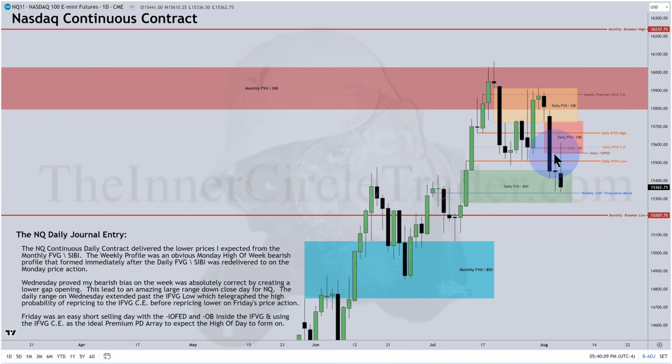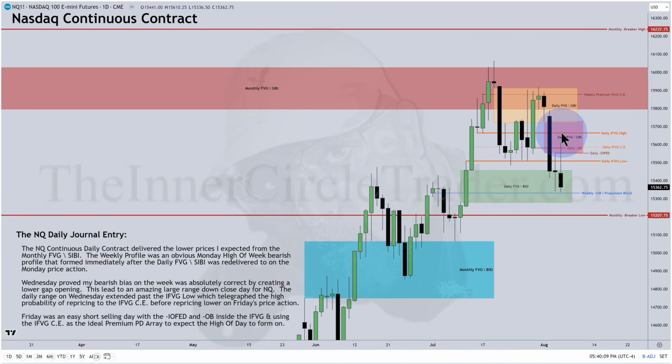Would we reasonably expect, if we have the inversion fair value gap, consequent encroachment, which is half of this buy side and balance sell side inefficiency, the midpoint of that, if we have that, and we have the opening of this bearish order block, and potential institutional order flow entry drill, we're expecting lower prices, and we have an inversion fair value gap.